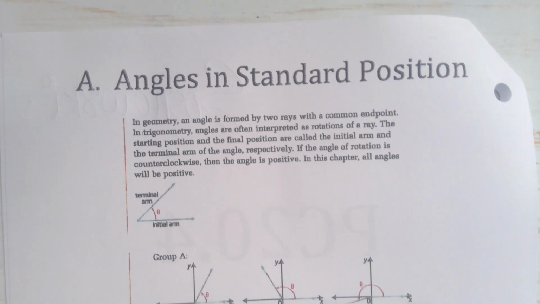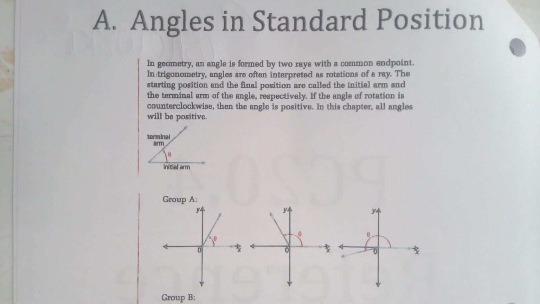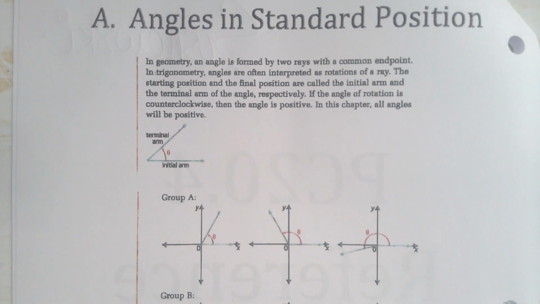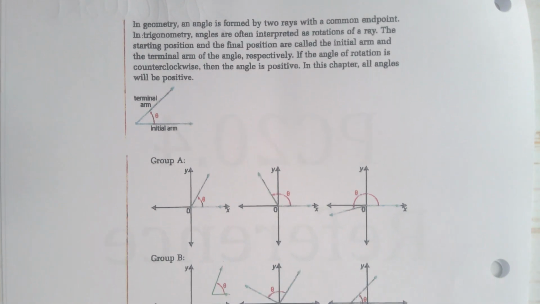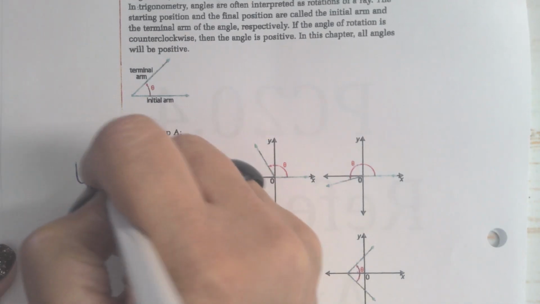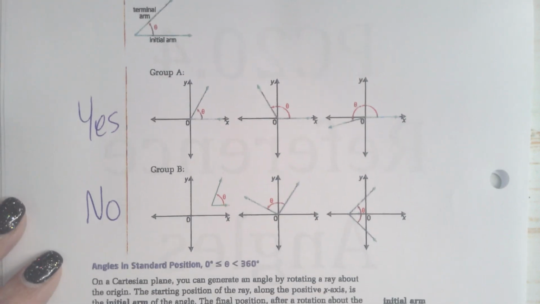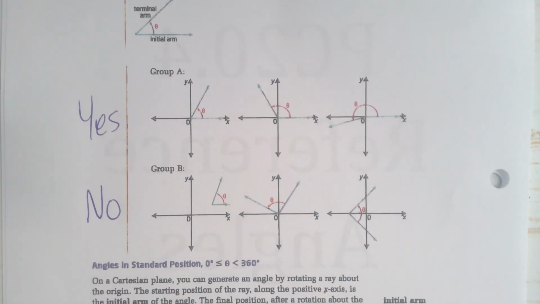So what we're looking at is standard position angles. What do they require? In group A, this is a yes. These in group B are no's. So they have to have this requirement.